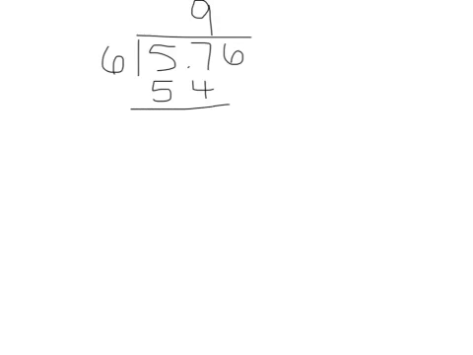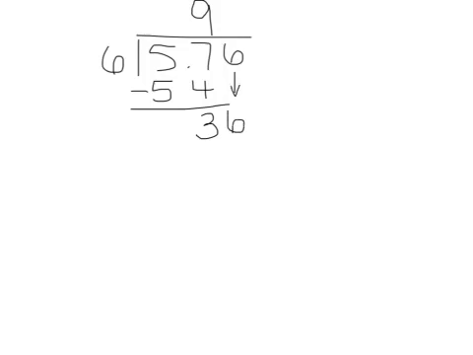5 and 76 hundredths divided by 6. Take a moment, hit pause, and solve it. 9 times 6 goes into 57, 54 times, with a remainder of 3. Bring down the 6.